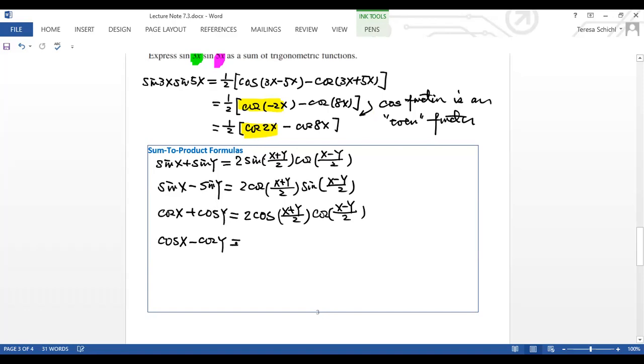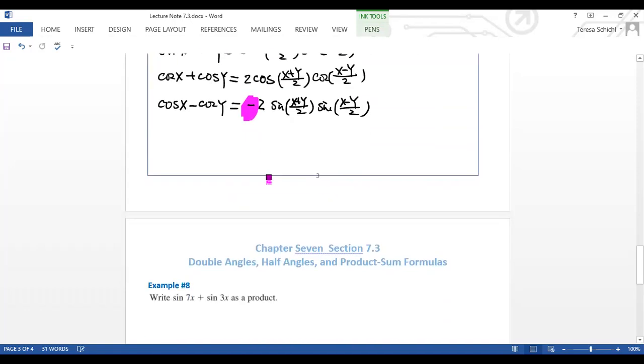Be careful: you have a negative 2 sine of x plus y over 2, times sine of x minus y over 2. Be careful about this negative sign here. Now let's take a look at the examples.